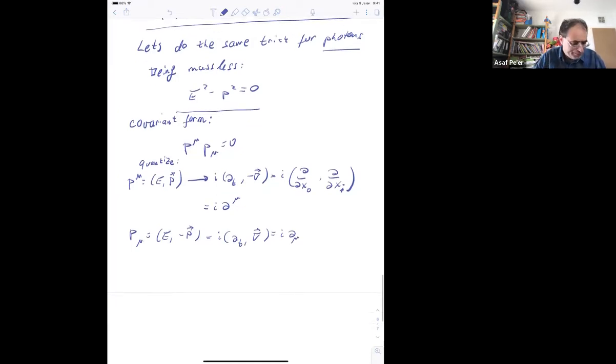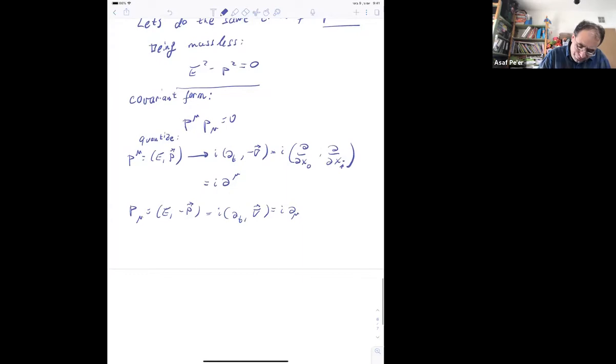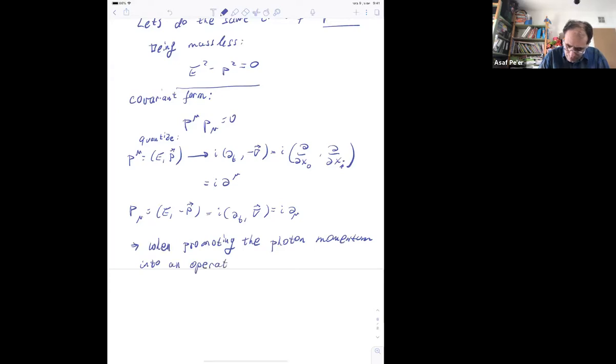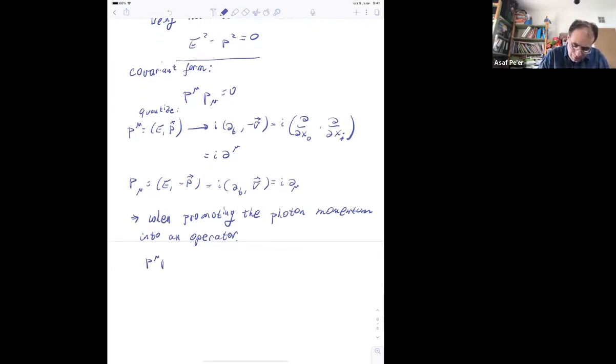So overall, when we promote the photon momentum into an operator, we get that p mu gets promoted to i d mu, and p squared becomes minus the D'Alembertian.